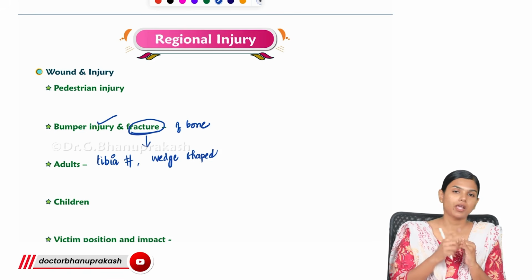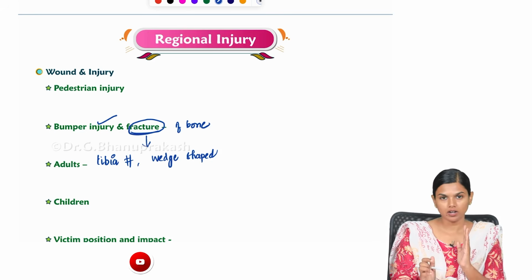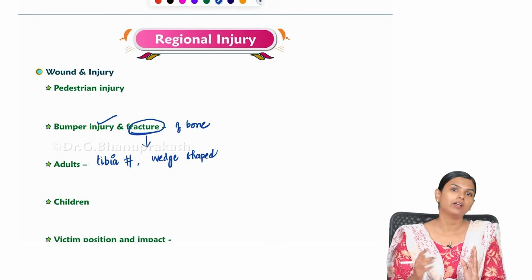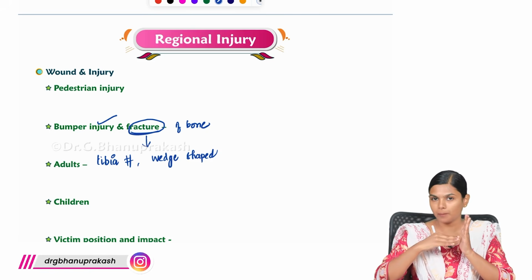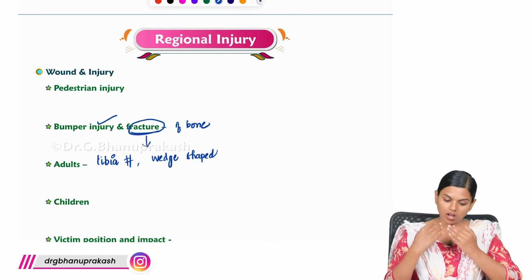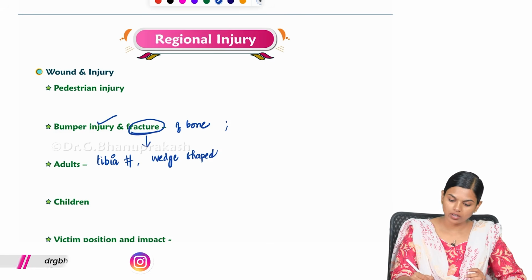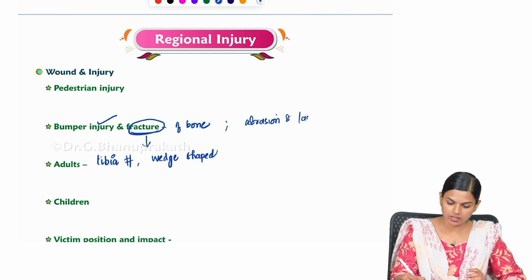So this is the primary impact. This is the first point of contact. So an adult is trying to cross and a car is coming and hitting him. So the point of contact will be the bumper against the leg of that pedestrian. And in the leg, you will get a tibia fracture. Along with that, you can also get abrasion and laceration.